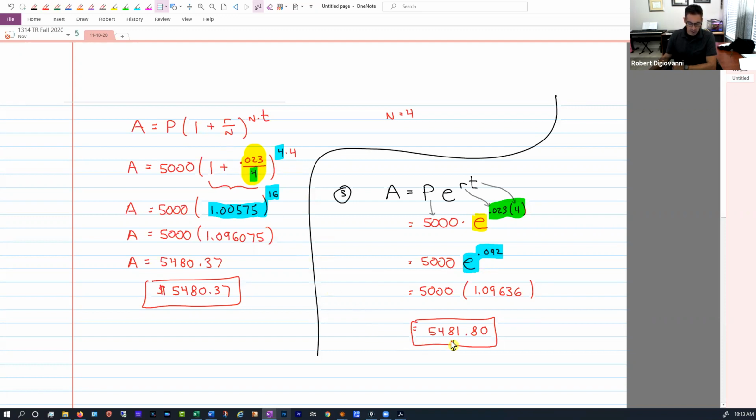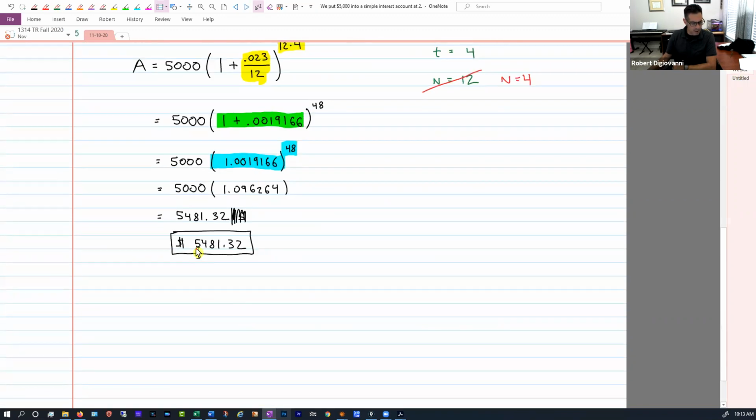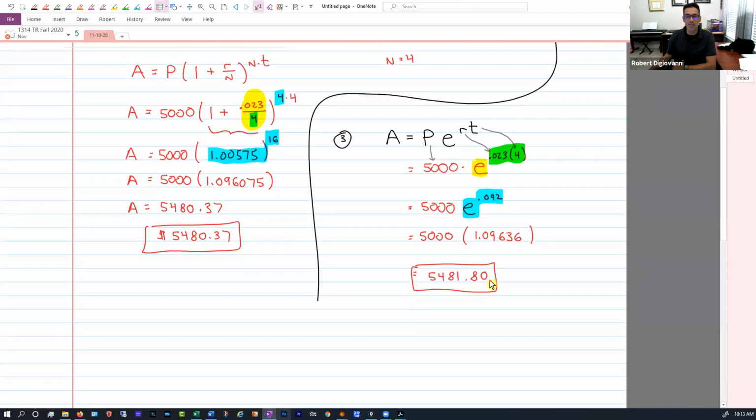Now, isn't this the most we've gotten so far? This is definitely bigger than that, right? When we did it monthly, it was $5,481.32. So we had 32 cents there. Here we've got 80 cents, so a little bit more. So this is the best case scenario for us.